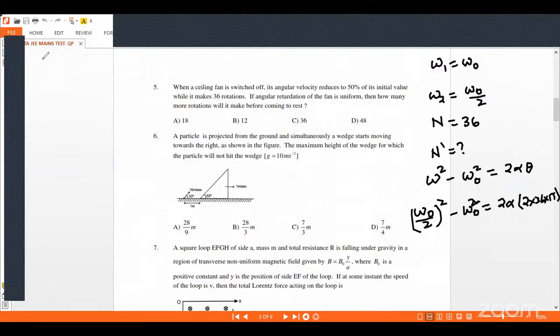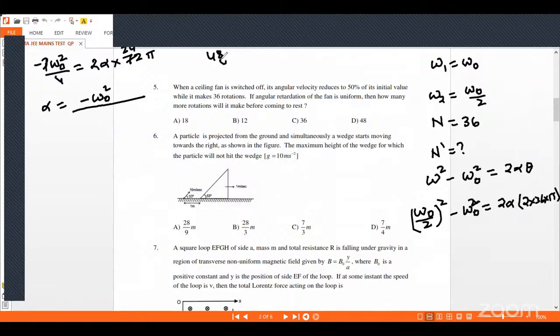So minus 3 omega naught square by 4 equals 2 alpha times 72 pi. So alpha equals minus omega naught square by 192 pi, approximately.